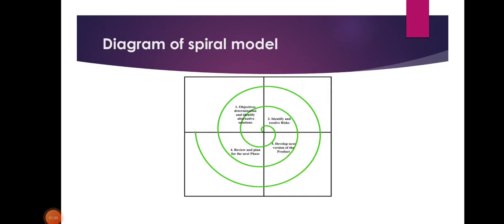This slide shows the diagram of the spiral model. This is how it looks. It is like a quadrant, where the first quadrant represents the objectives, determinations, and identifying the alternative solutions. The first quadrant represents the planning.